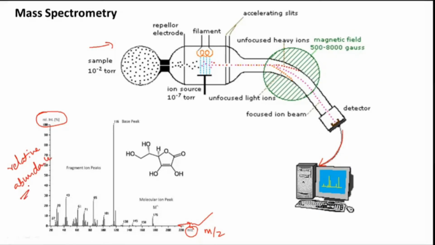A percentage score is given. Among the peaks, the peak with maximum intensity is what we call the base peak, and all the remaining ions are called fragment ions. The ion with the maximum m/z value is usually conceived as the molecular ion peak. This is the mass spectrum of ascorbic acid.